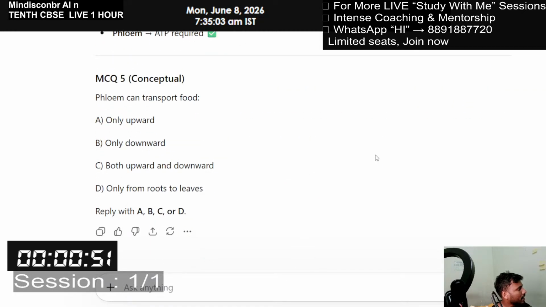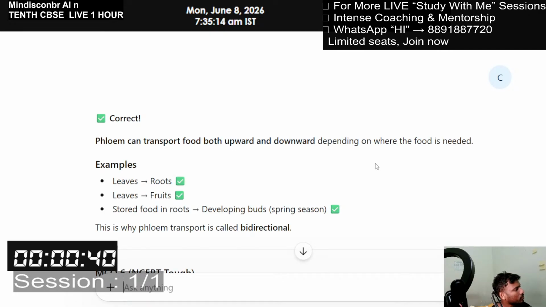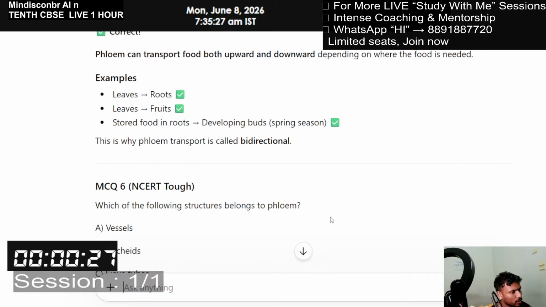Phloem can transport food both upward and downward, depending on where the food is needed. From leaves to roots, leaves to fruits, stored food in roots to developing buds. Stored food in roots moves to developing buds during spring season. So phloem transport is bidirectional.